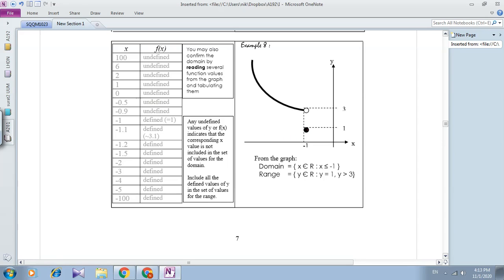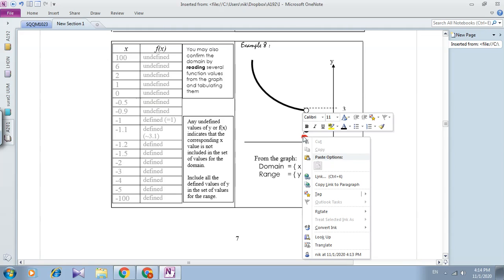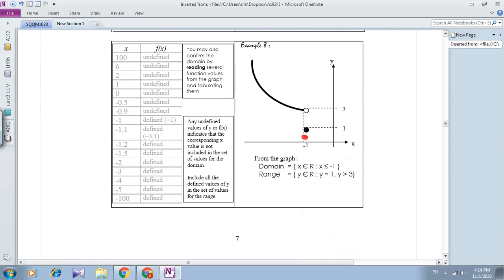Since we have both black dot and white dot here, this means include, so the conclusion will be black dot. The value input for the domain will be any value from -1 and below.